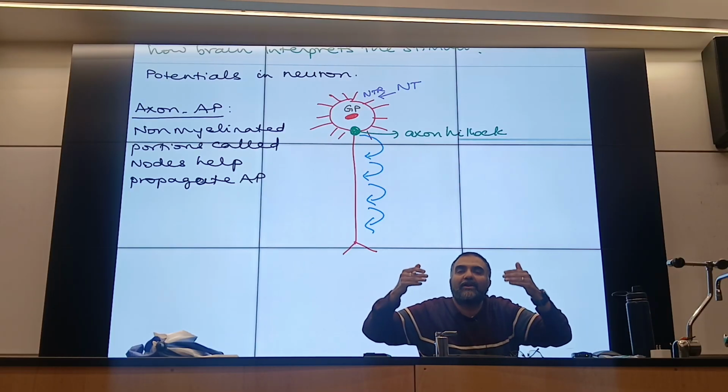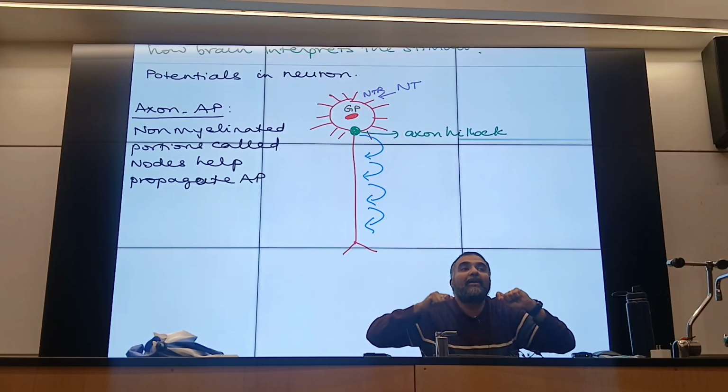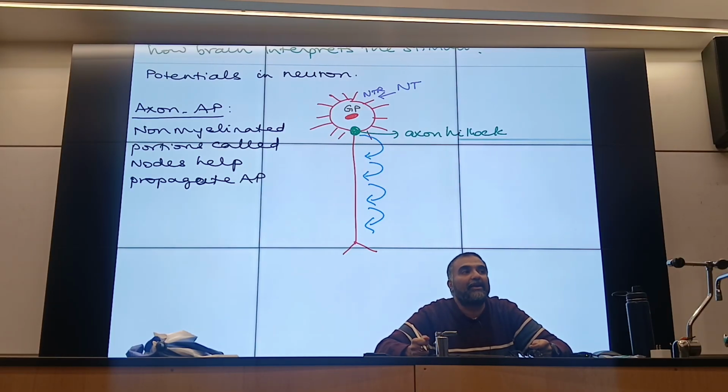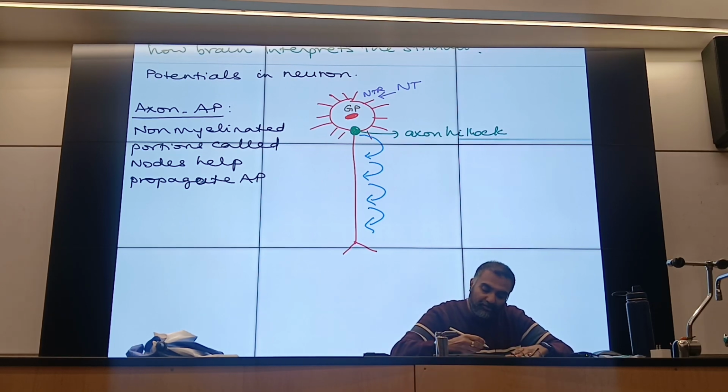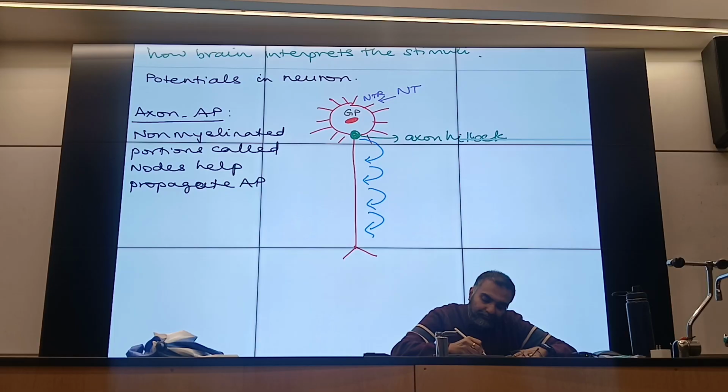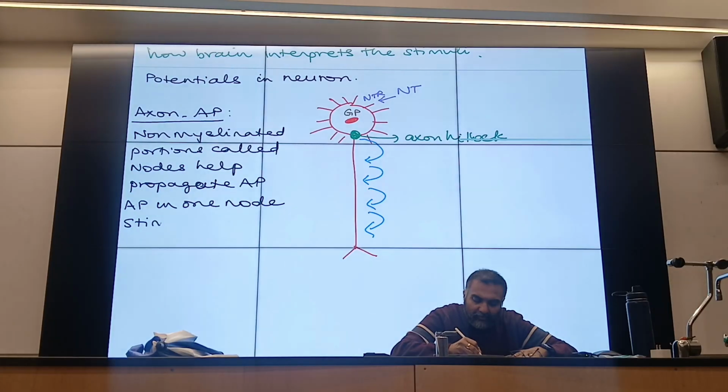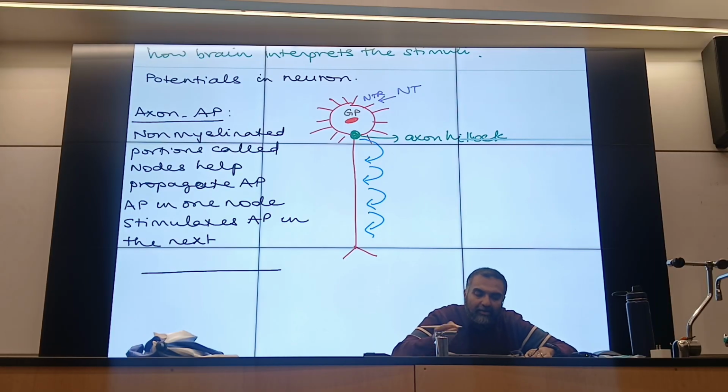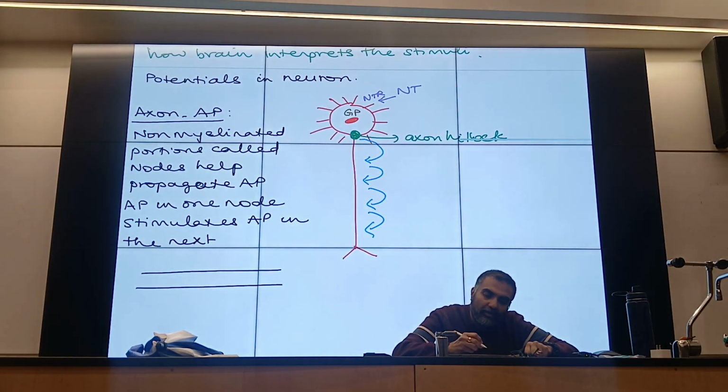The action potential in one node becomes the stimulus for the action potential in the next node. So it's self-propagating. Action potential in one node stimulates action potential in the next node. If I have to draw this, it looks like this.